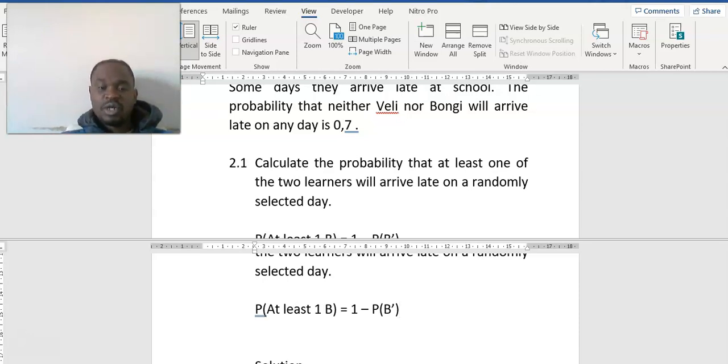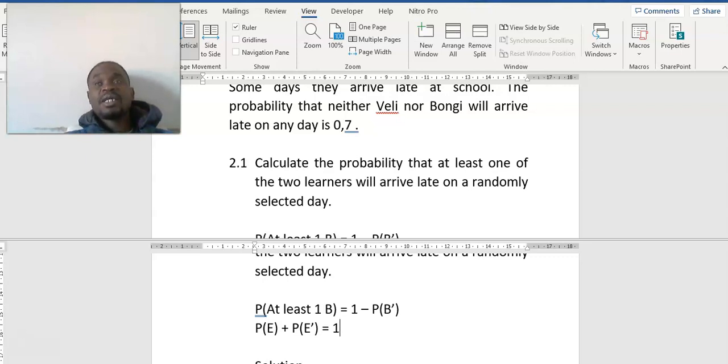The other thing you need to know is probability of an event occurring plus probability of an event not occurring is equals to 1. Let me give an example.